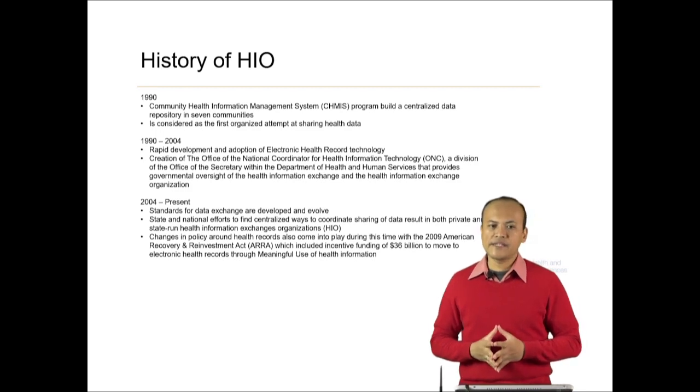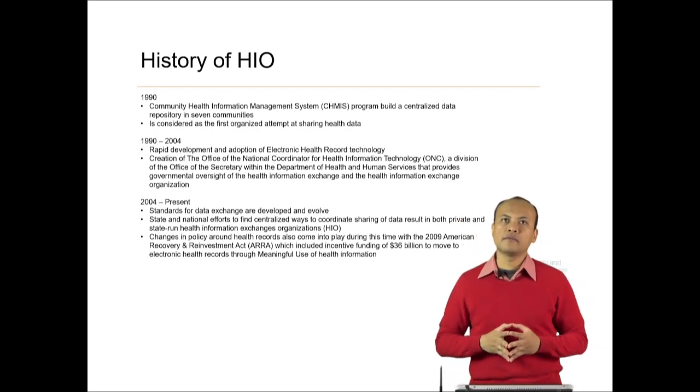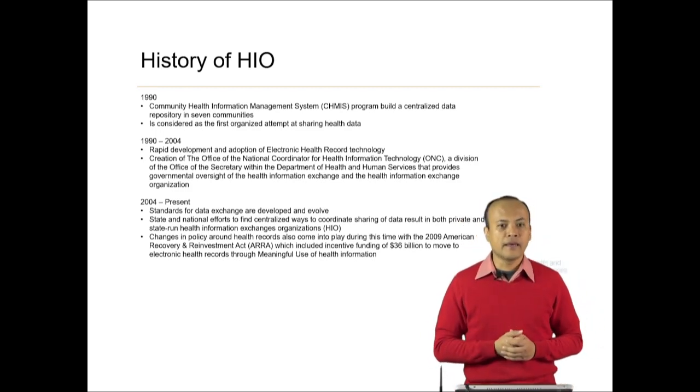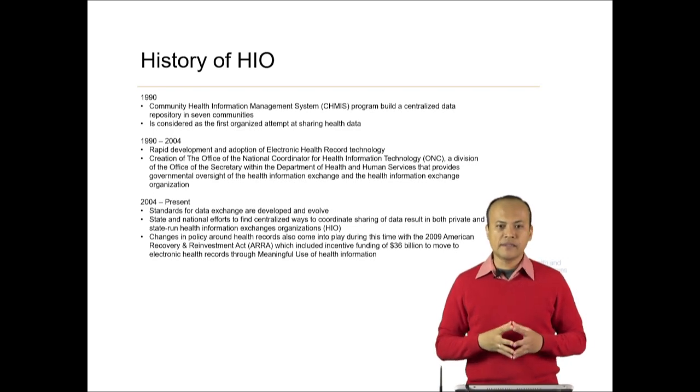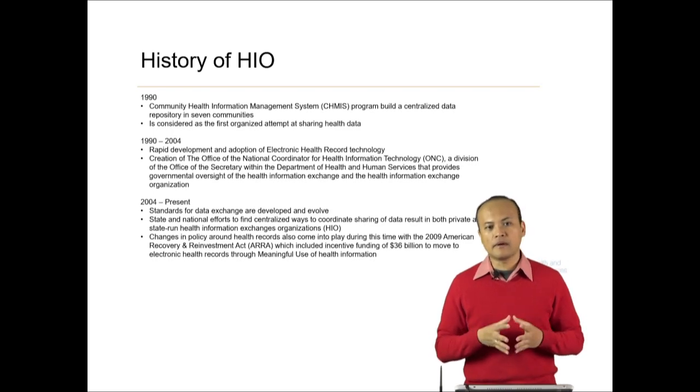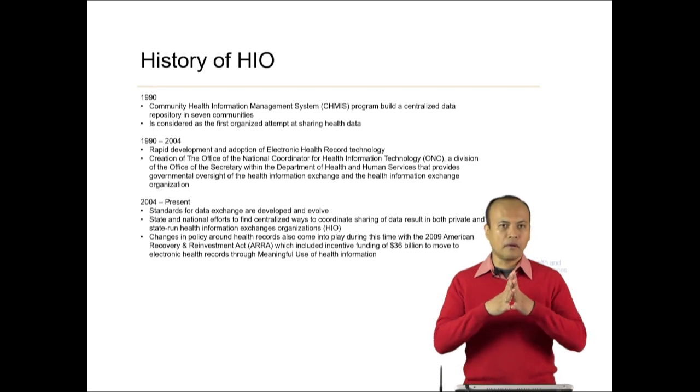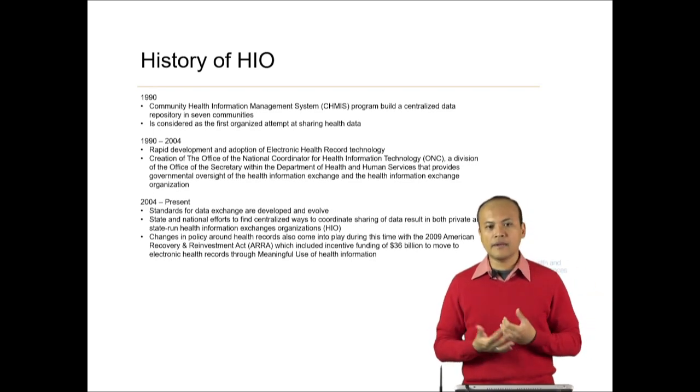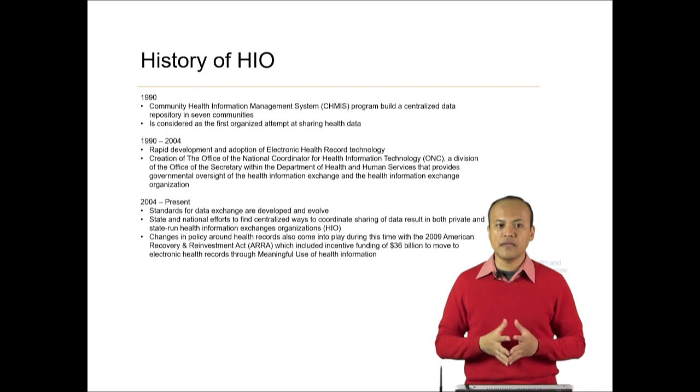Historically, HIOs started all the way back in 1990, but this was still a very preliminary version in 7 communities. So it was a pilot project, and not a large one, but in 1990 this program, the Community Health Information Management System, is considered the first organized attempt to share health data.